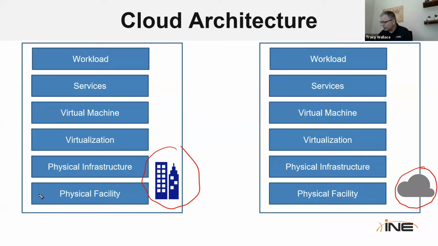You're going to have a physical facility, whether you're running this in your own premises or not. There are going to be things like networking, routers, switches, hubs, and power. You are likely running a virtualization platform, and it doesn't matter whether you're running this in the cloud or on premises.